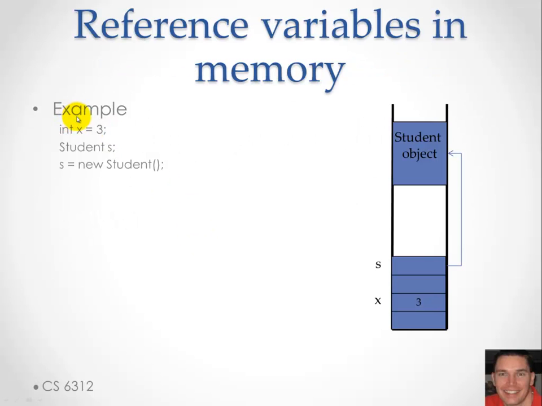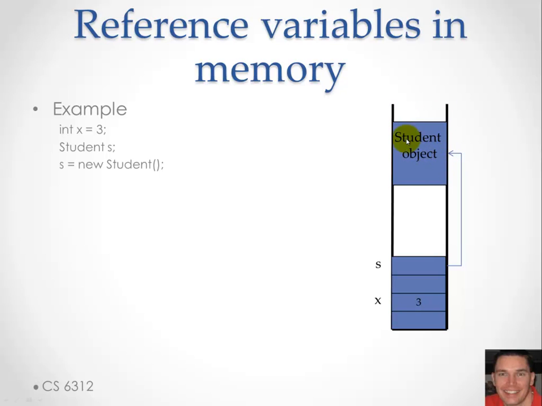Here we have a primitive variable, integer x equals 3, so we come down here to x's memory slot, and it has the value 3 in there. Now I say student s, so it creates a memory slot for that. When I say s equals new student, what that does is it goes out on the heap. All our objects are stored on the heap, creates a new student object.